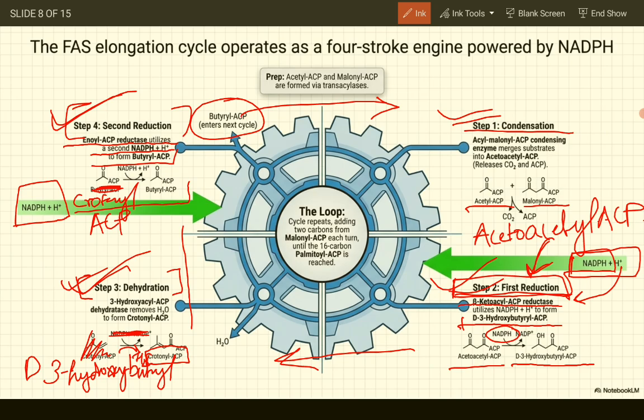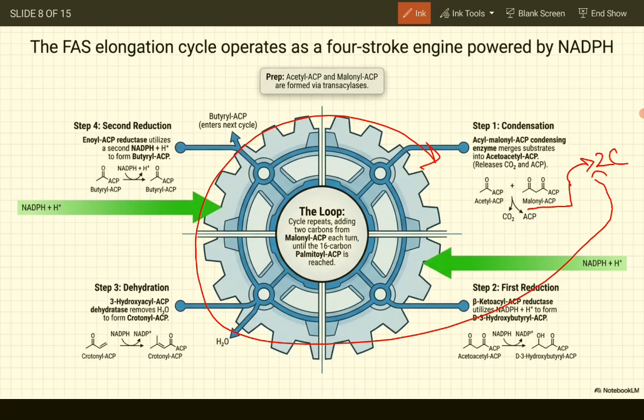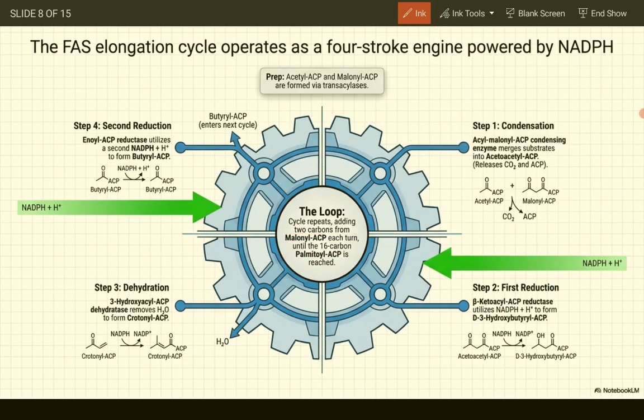And this cycle goes on and on. Every time, malonyl ACP adds 2 carbons into the cycle, so every time the cycle goes on, an extra 2 carbons are added into the molecule. This is how 16-carbon palmitoyl ACP is reached. The cycle repeats, adding 2 carbons from malonyl CoA in each turn until 16-carbon palmitoyl ACP has been produced inside the cytosol.